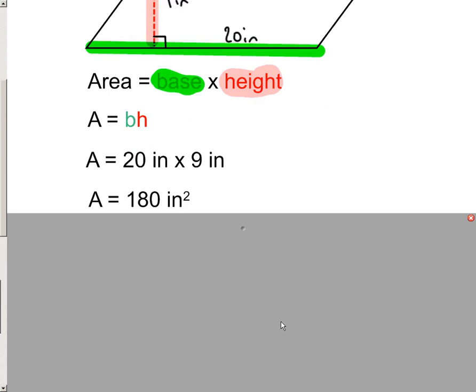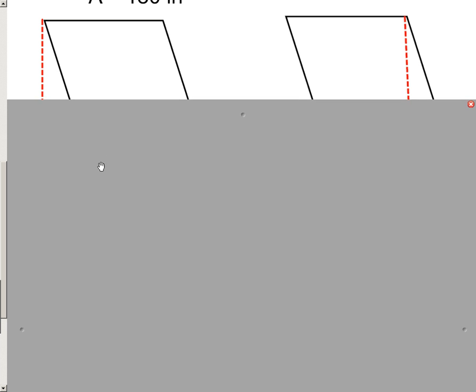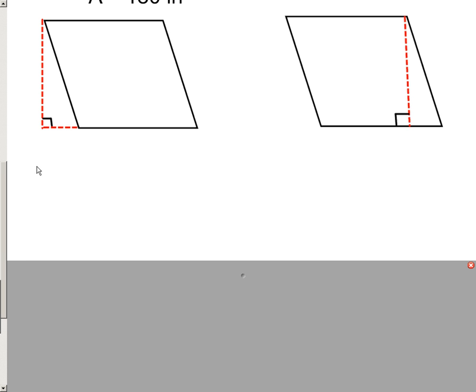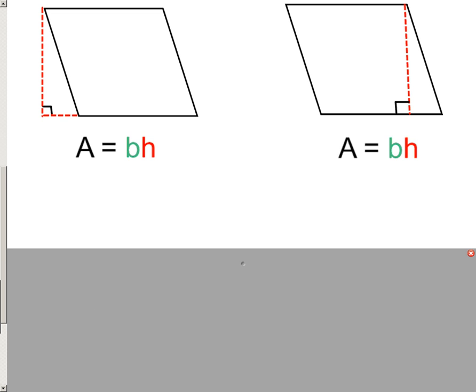Now, let's go through and take a look at a few other situations with these parallelograms. Here's two more situations. Okay. And again, we know that area equals base times height. Anytime that you see these dashed lines, it's not actually a part of the object itself. It's trying to show you, usually, the height of something from the highest point to the lowest point at 90 degrees.